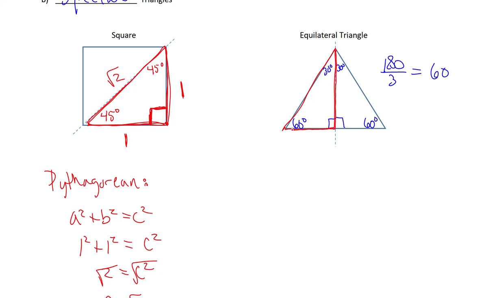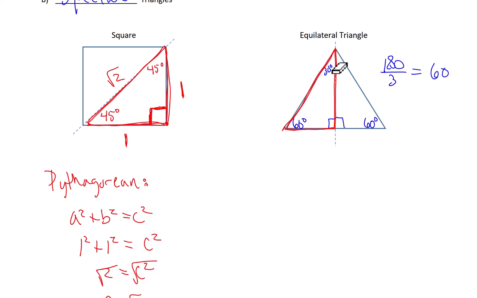They meet at this bisector cut we've made in the middle, and they also touch at the right angles in the bottom. Then what we're looking at is a special right triangle, which has angle measures 30, 60, and 90. So this is sometimes called a 30, 60, 90 triangle.